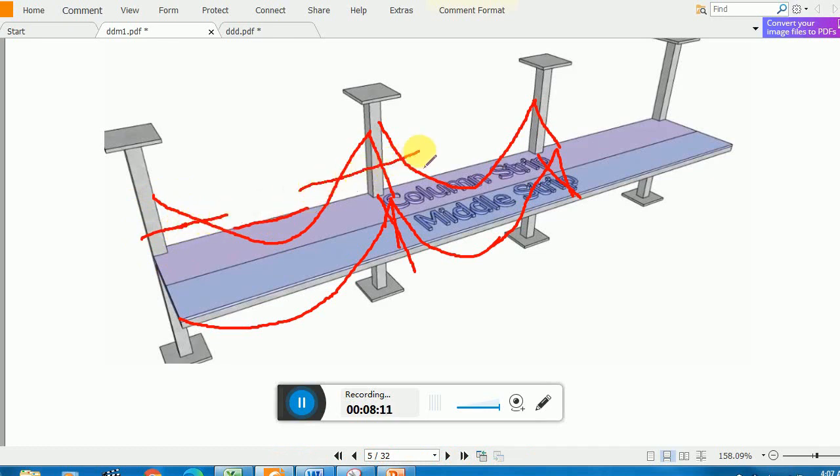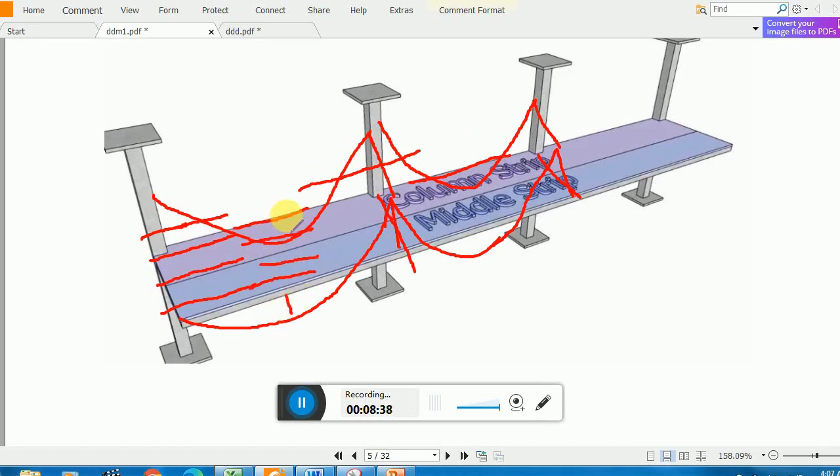Here you need negative reinforcement, here you need positive reinforcement. I think you got the picture now of how you can distribute the area of steel. Remember, you have to provide steel in this direction, in the upper side of the slab, and similarly on the down surface of the slab, which will cover this movement.